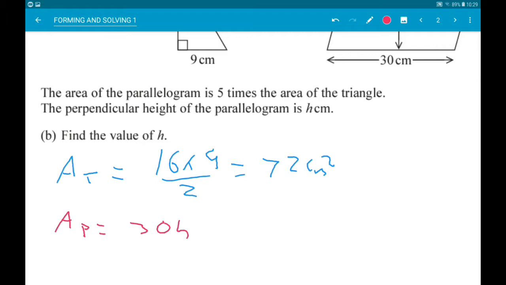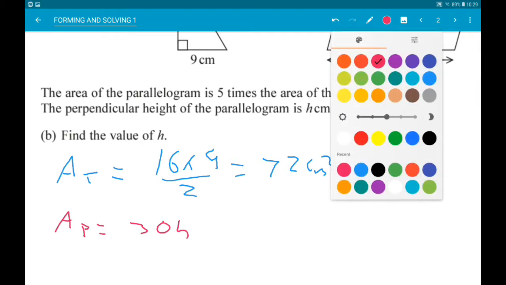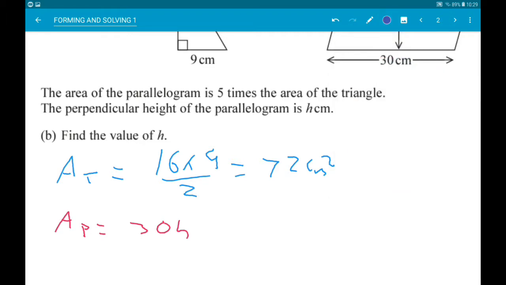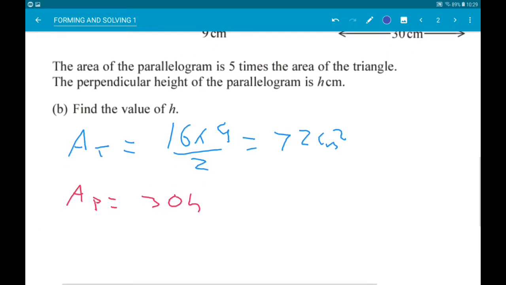Okay, so now comes the part where we form the equation. So we're told the area of the parallelogram is 5 times the area of the triangle. So that means that AP is 5 times AT.